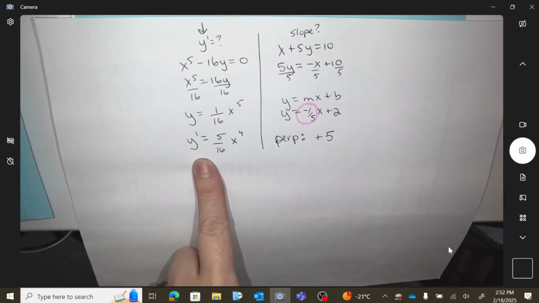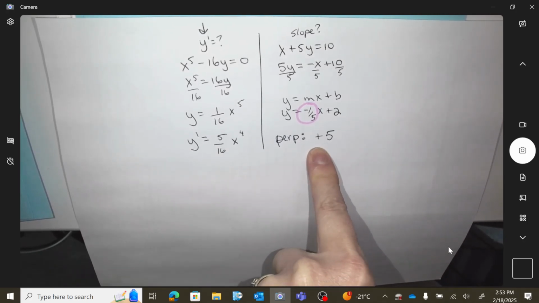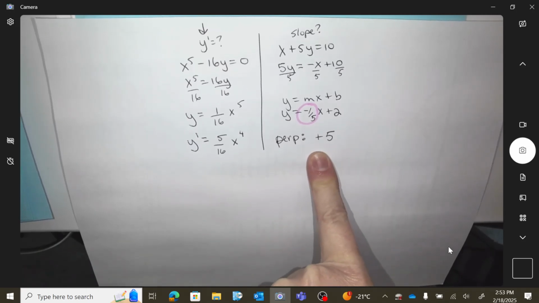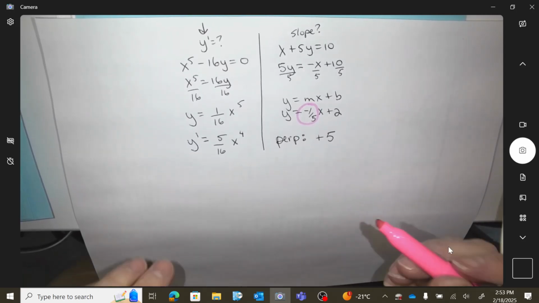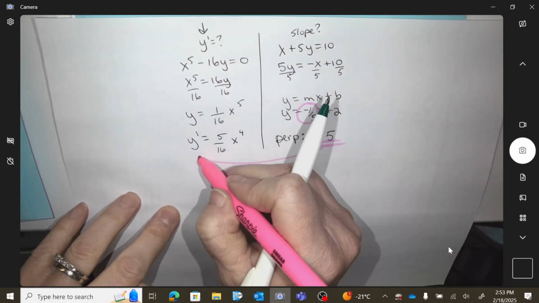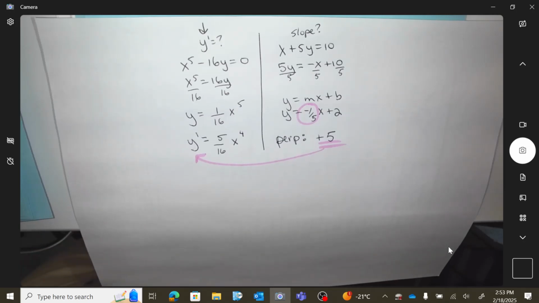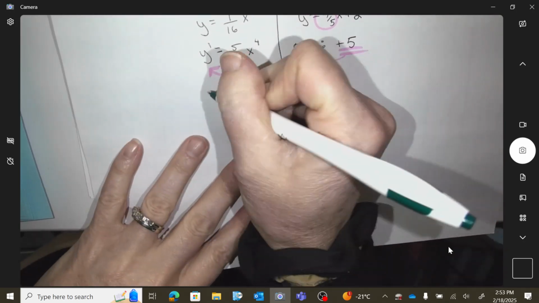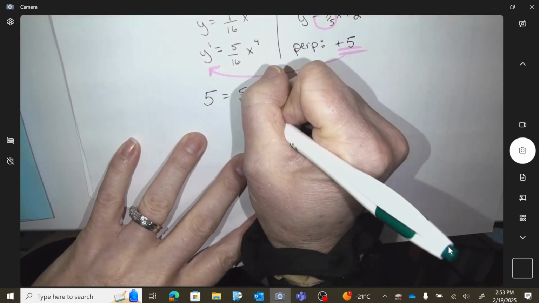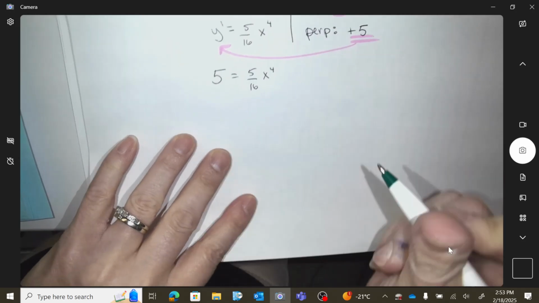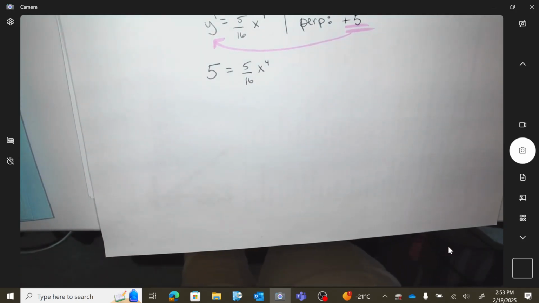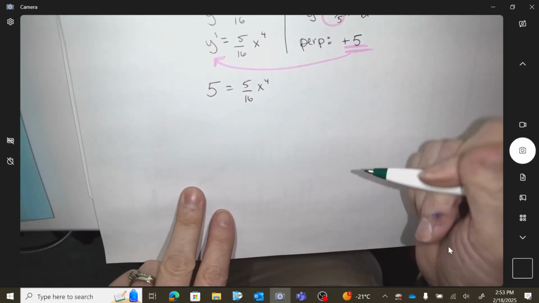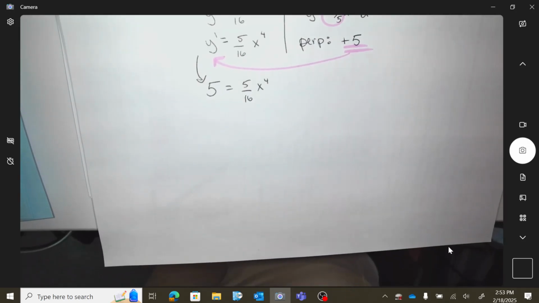I have my slope equation. I have what I would like my slope to be. So I'm going to plug that in. I would like my slope to be 5, which means I want my derivative to be 5.